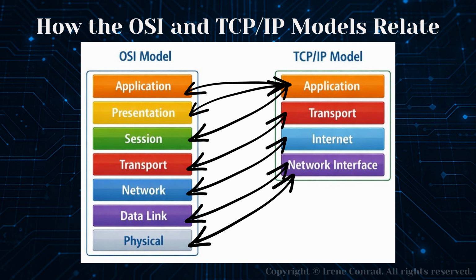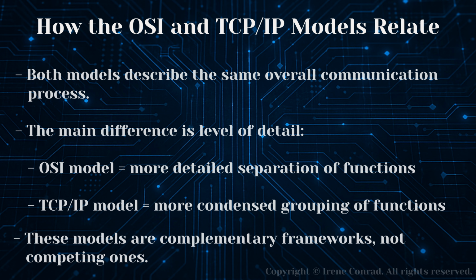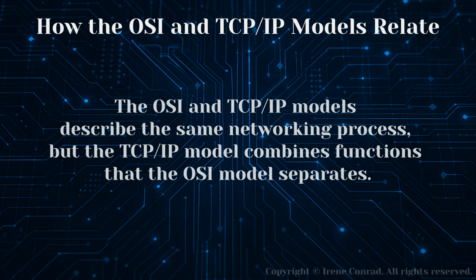The TCP/IP transport layer lines up pretty closely to the OSI transport layer. And the TCP/IP network interface layer covers what the OSI model splits into the data link and physical layers. So the two models are not enemies. They're just two different ways of organizing the same general networking process.